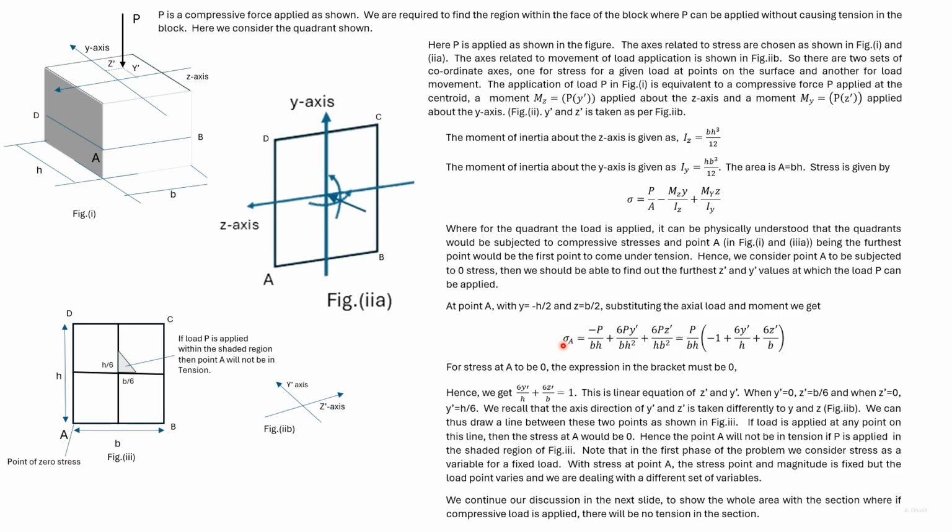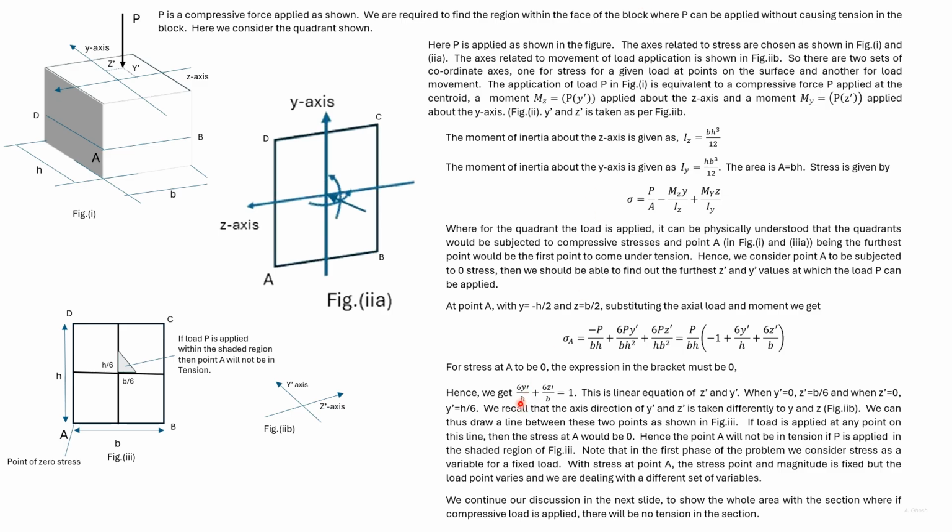Now sigma at A is 0, which we are considering, and as such this expression within the bracket has to be 0, which gives us this equation. This is a linear equation between y dash and z dash. It gives us the locus of the point where if P is applied, the stress at A will be 0.